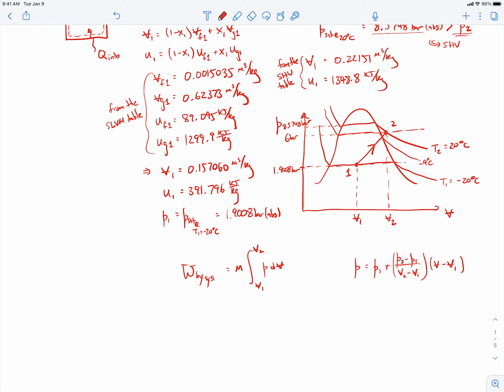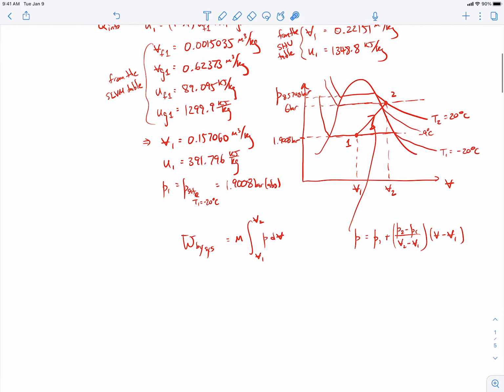So that's corresponding to this linear curve here. It's just the equation of a line. This is my starting point at 1, so P1 and V1. And then the slope of this line is just the change in pressure over the change in specific volume, just because it's a line. So I could take this and substitute it into here and evaluate the integral. So I could do that totally fine.